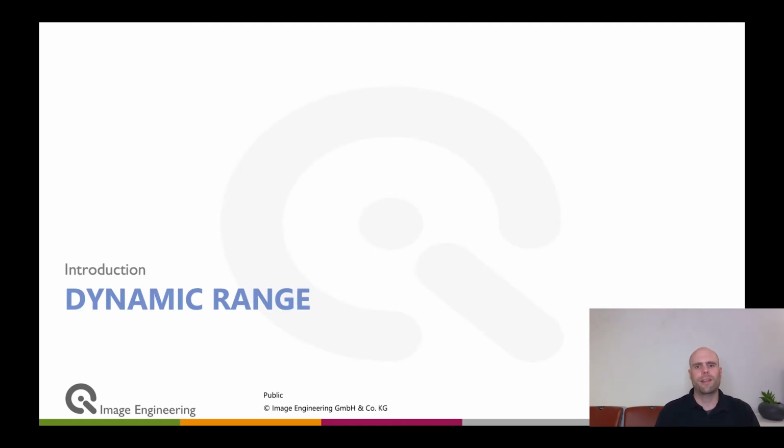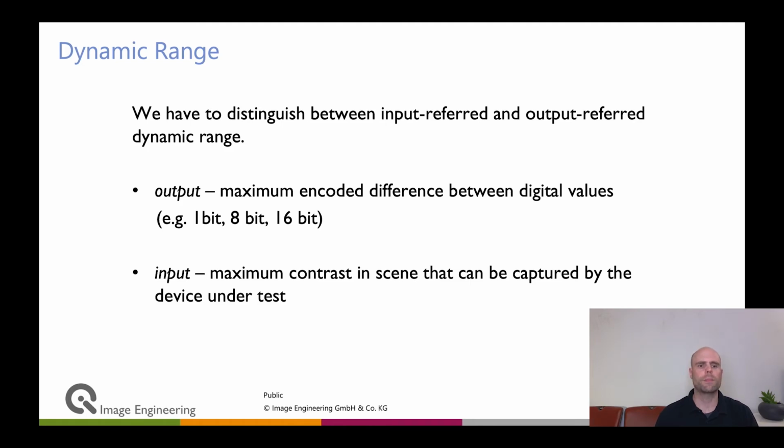Okay, that's the visual noise. Now I want to talk a little bit about dynamic range, or how dynamic range is measured. First of all, very important, we have to differentiate what dynamic range we are actually talking about. There is the input referred dynamic range and the output referred dynamic range.